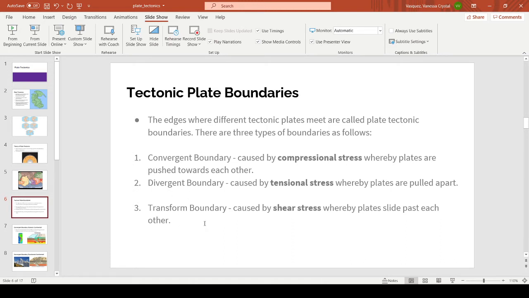We will go more in depth within each diagram, but for the most part, a convergent boundary is when plates are pushed towards each other, so they're colliding into each other. A divergent boundary is where two plates move apart from each other, and a transform boundary is caused by shear stress, whereby plates slide past each other.